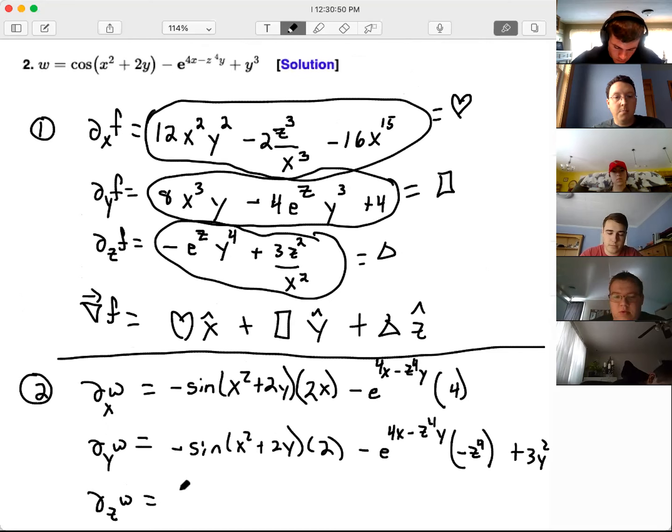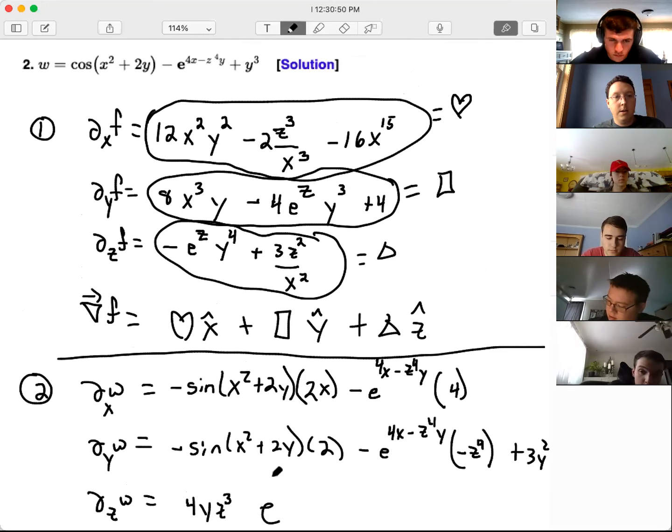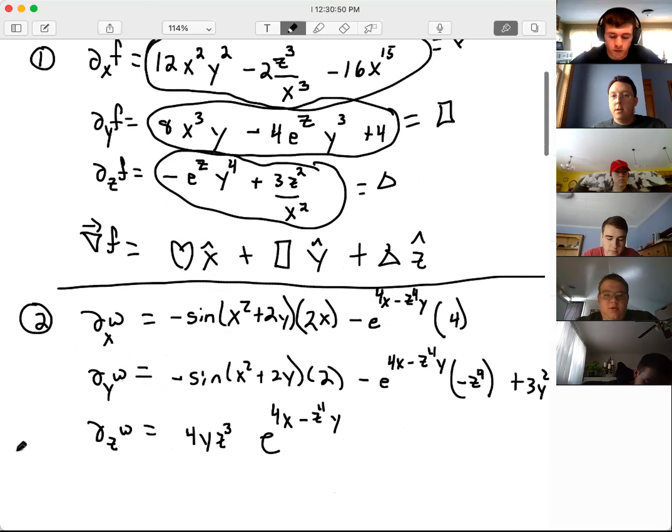You're just going to end up with an overall plus sign, and I'm going to get 4yz cubed e to the 4x minus z to the 4th y. I think that's right. Is that what everyone has? Just kind of simplifying it all in one go.